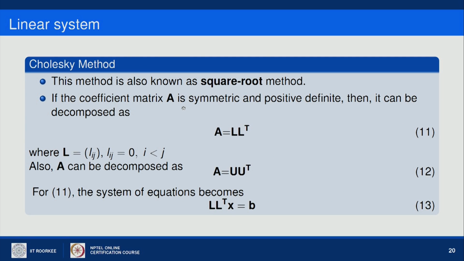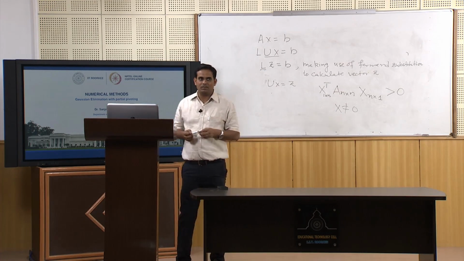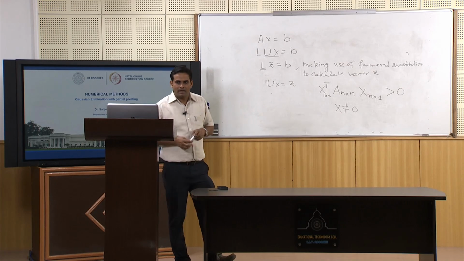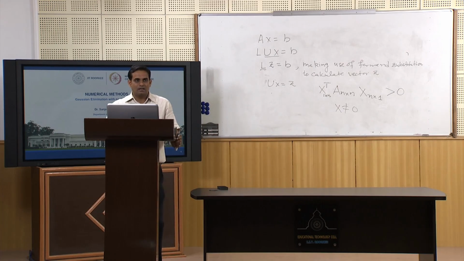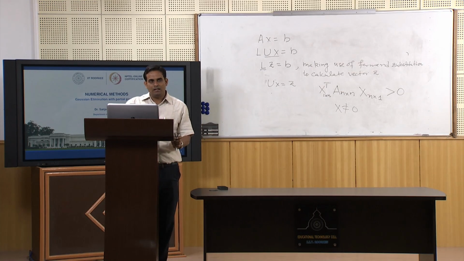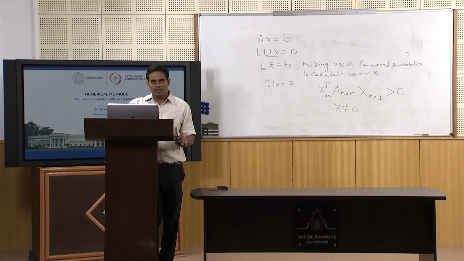There is one more method for the symmetric matrix. If the coefficient matrix is symmetric, that is called the Cholesky method. Since the coefficient matrix is symmetric, we can write it as the product of L into L transpose. So, if L is a lower triangular matrix, L transpose will become an upper triangular matrix.